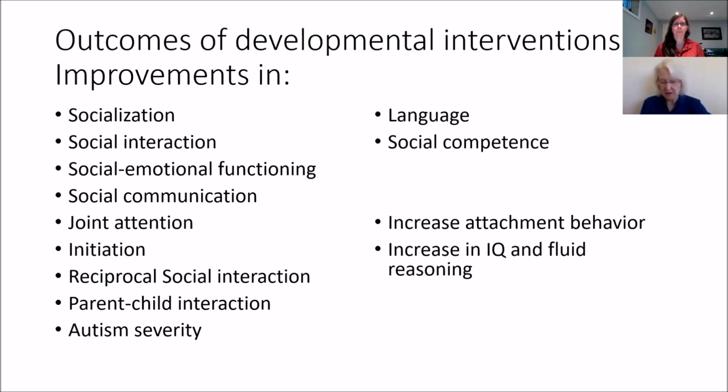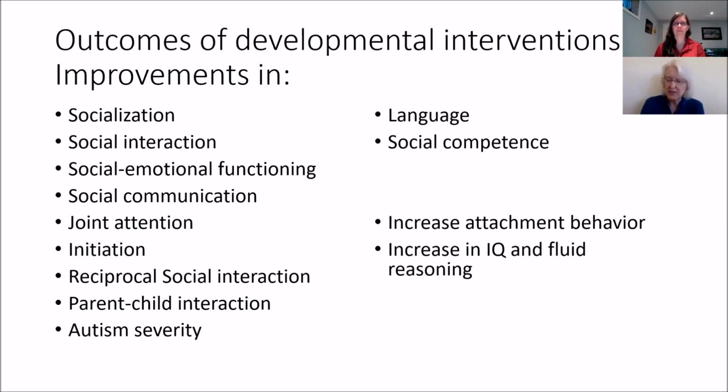And for the sake of time, I mushed all these together, but basically the outcomes of the studies all show improvements in those things that were targeted. So the terms are different: socialization, social interaction, social emotional functioning, all the things that we, as I mentioned, initiation, reciprocal interaction.